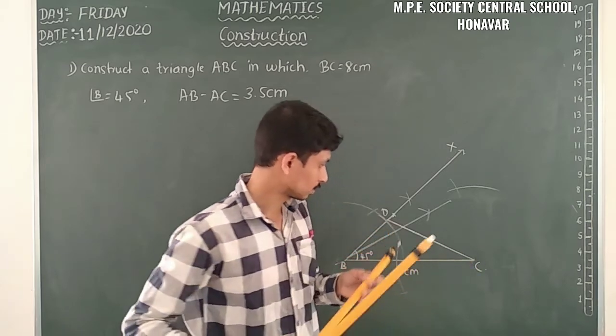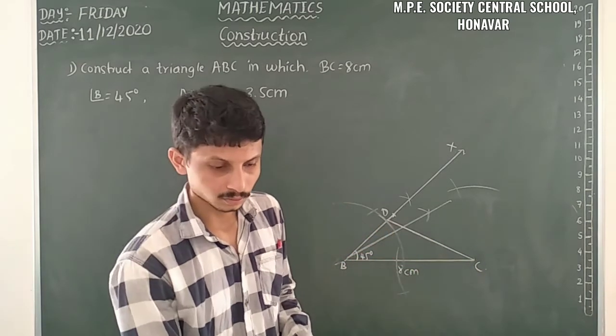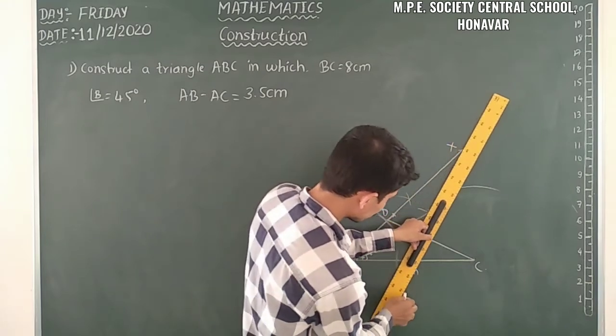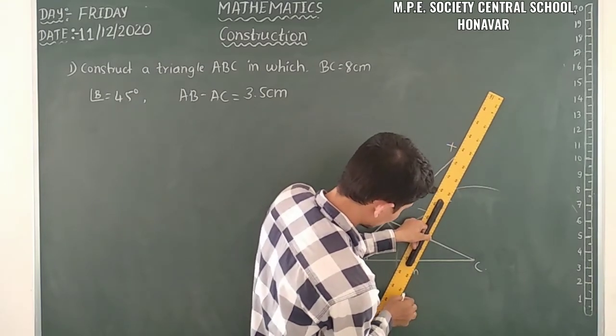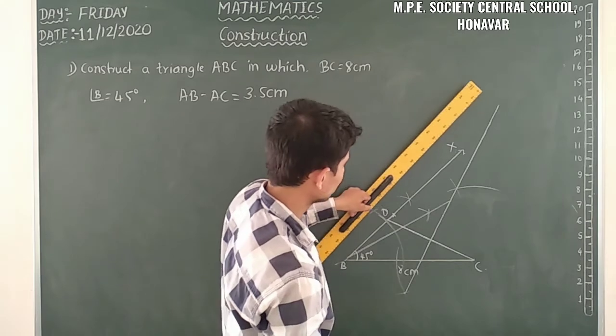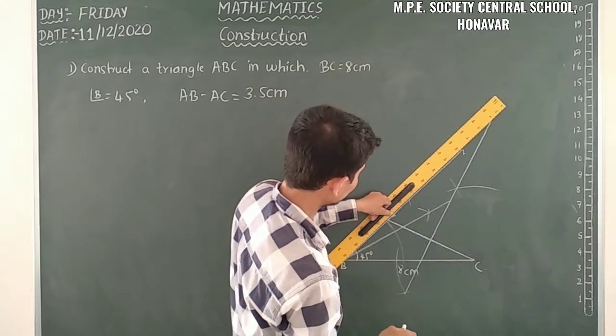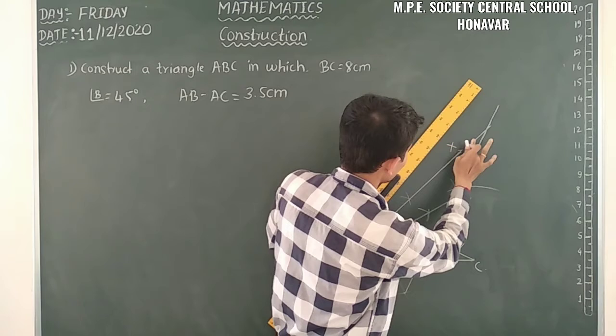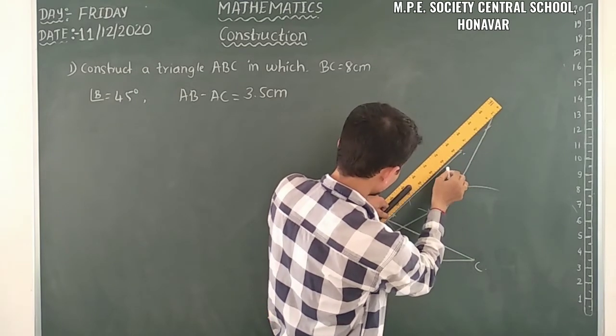Then you have to take the perpendicular bisector, extend it, and extend the same here.